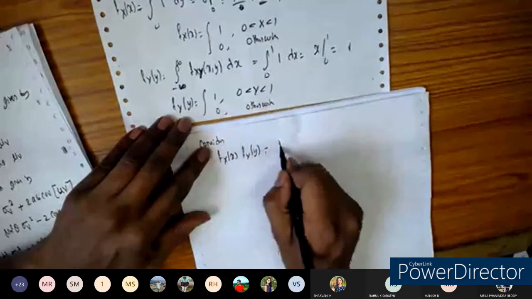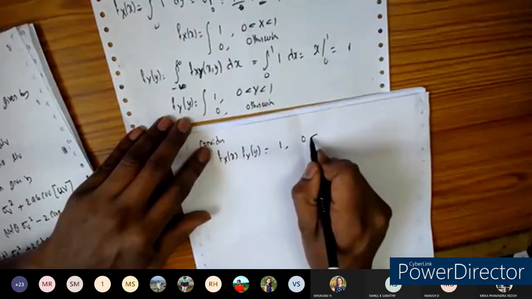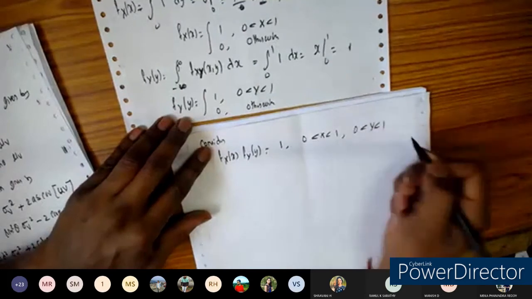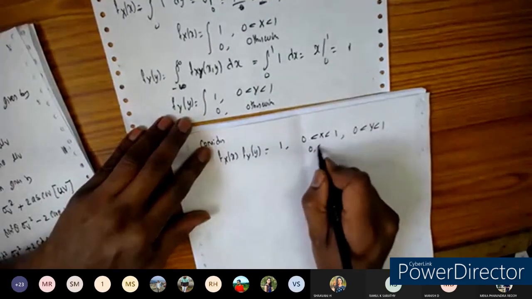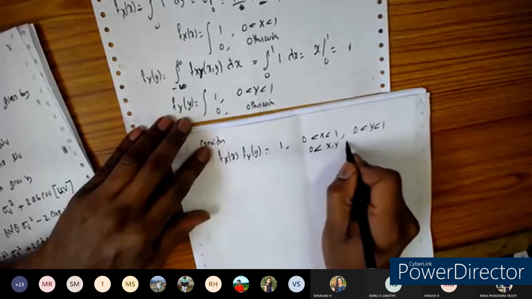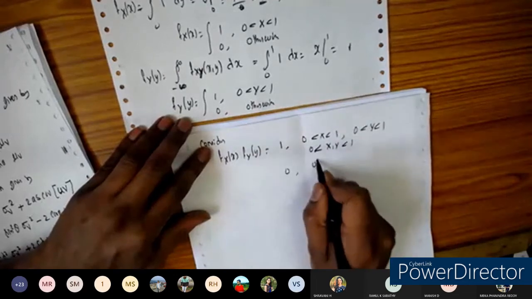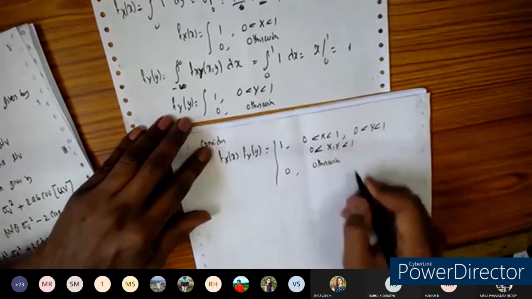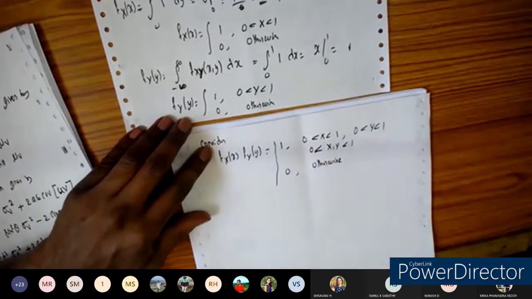It is equal to 1 for 0 less than x less than 1 and 0 less than y less than 1. We can combine these two and write it as 1 for 0 less than x comma y less than 1, and 0 otherwise.